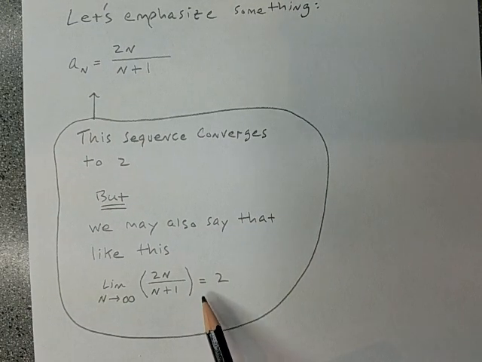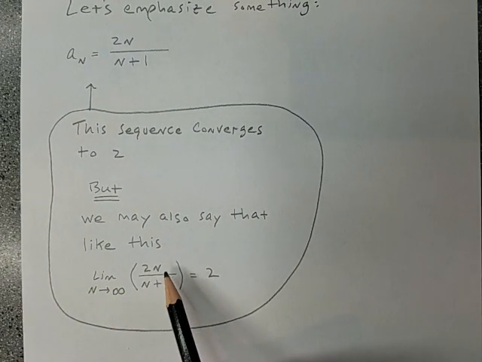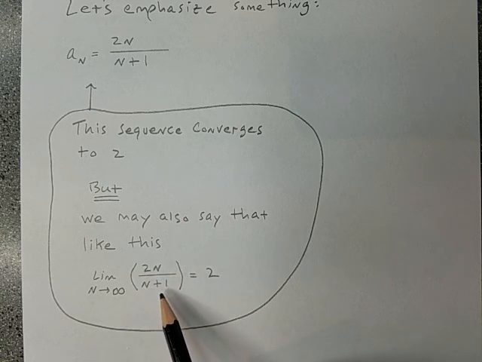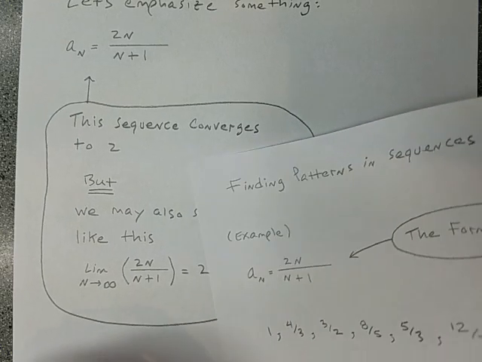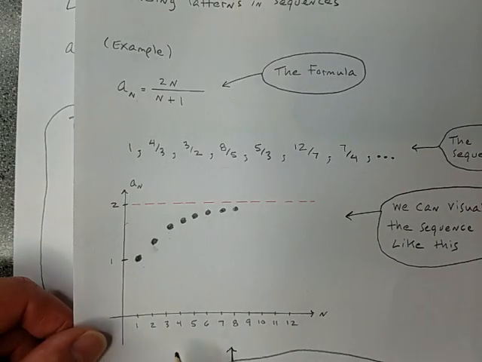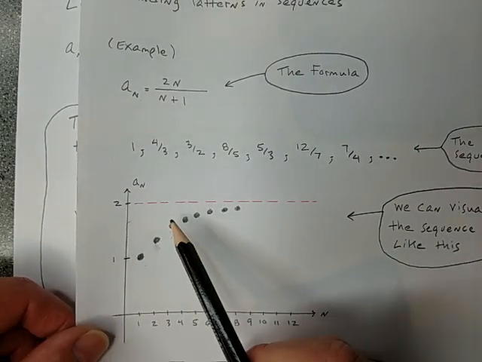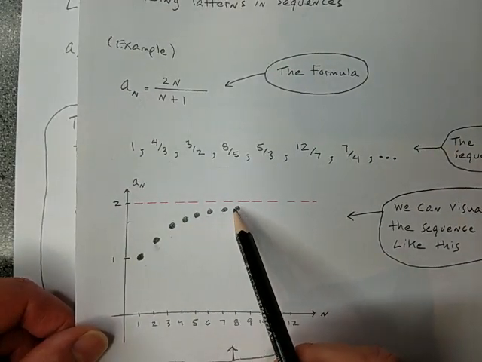And that just says the bigger n is in that formula, the closer the number we calculate will be to 2. All right? So the bigger the n is, the closer the number is to 2.